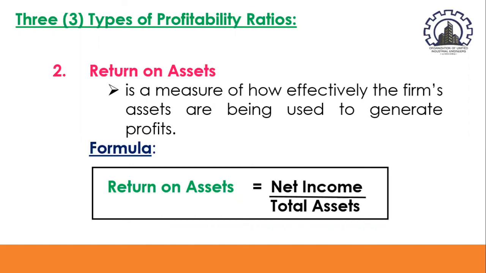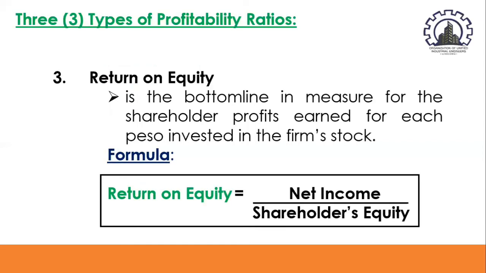If we say return on assets, it is a measure of how effectively the firm's assets are being used to generate profits. And the formula in getting return on assets would be our net income all over our total assets.